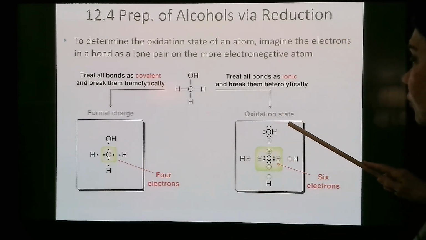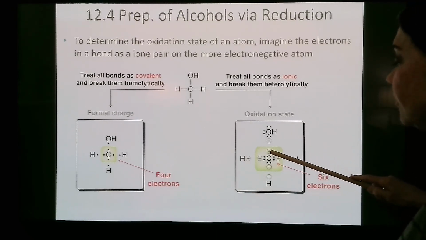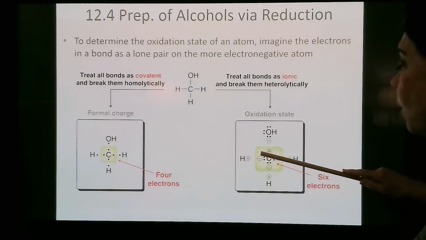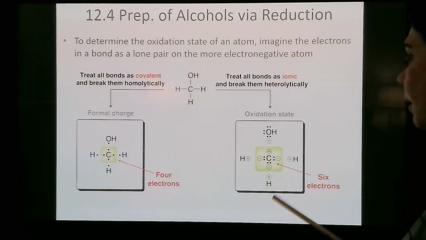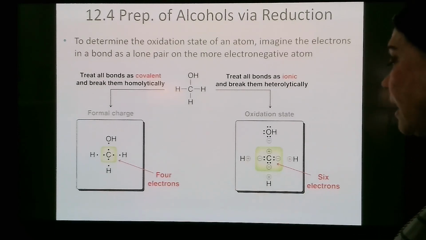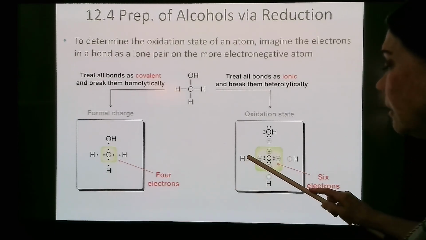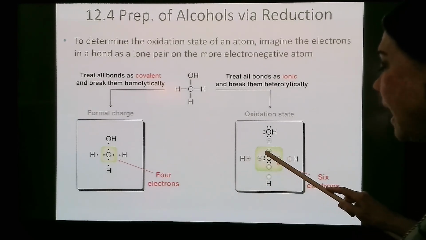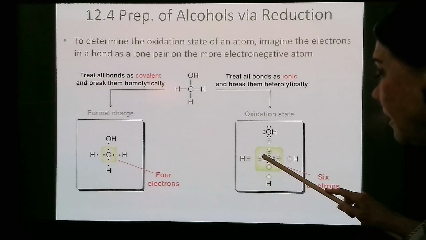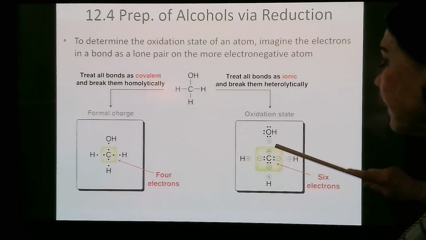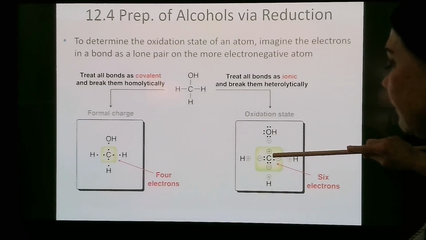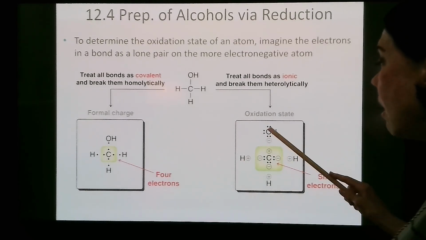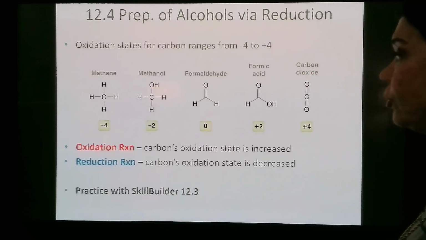Here, oxidation state, you treat all bonds as ionic and break them heterolytically. So you have to consider which one is greater in electronegativity. And so carbon is greater in electronegativity than hydrogen. So the carbon-hydrogen bond is treated as if both of the electrons are residing on carbon. Then oxygen is higher in electronegativity, and so you treat it as if both of the electrons in that bond are residing on oxygen.